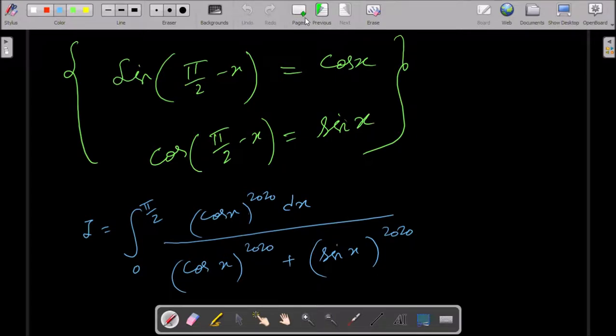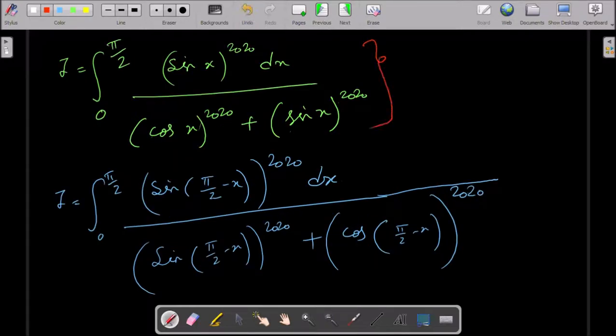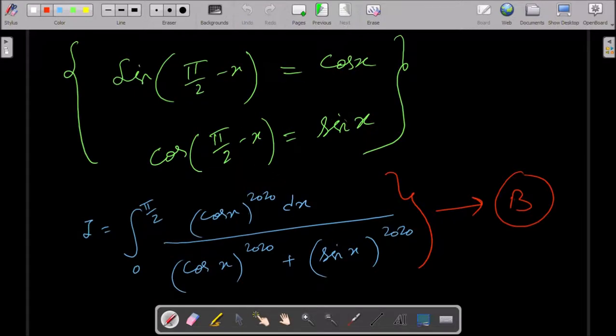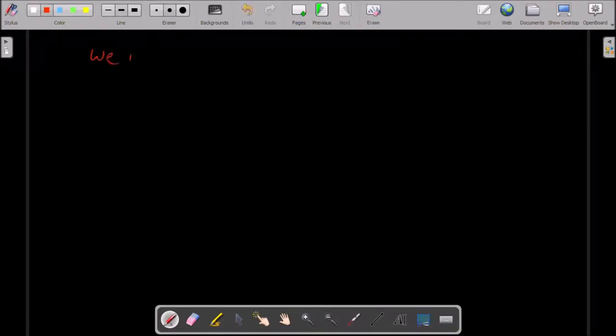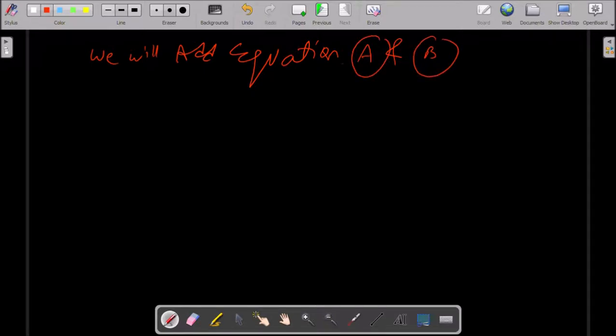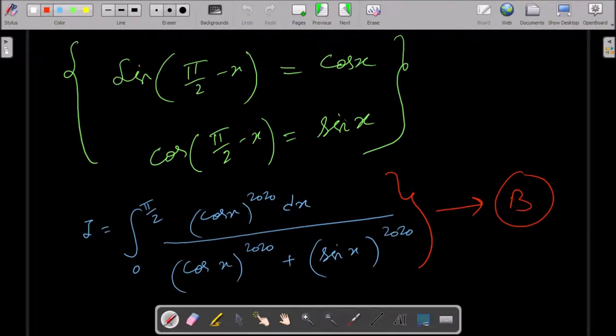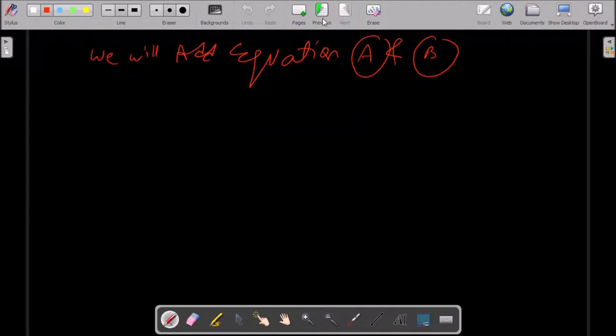Let me assume this equation as A and this equation as B. Now we will add equations A and B. I have tagged my standard video for this type of integration in my I button, and also given this video's link in my description. You can go and watch it, as you wish.